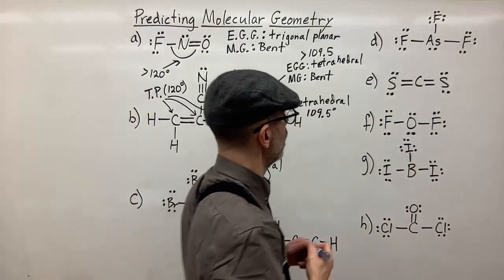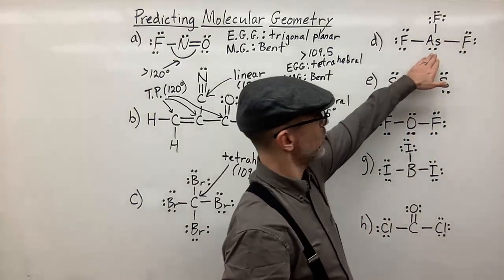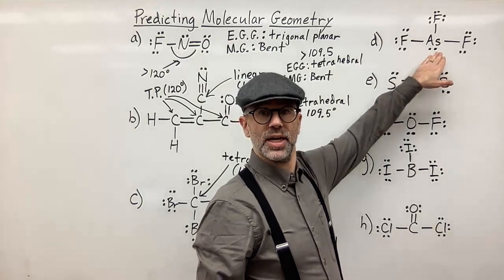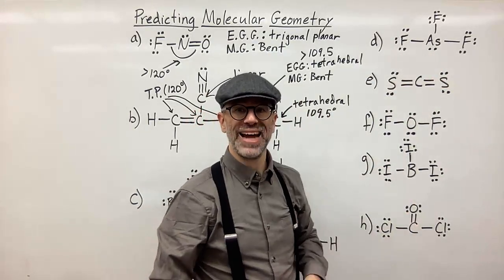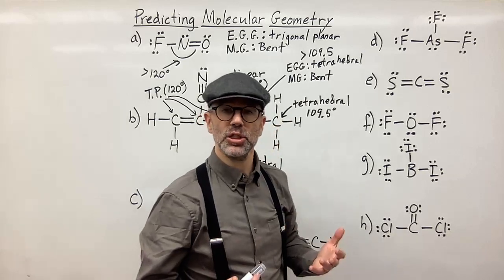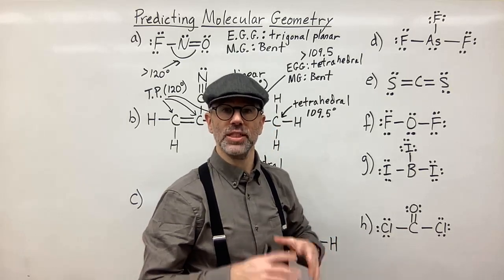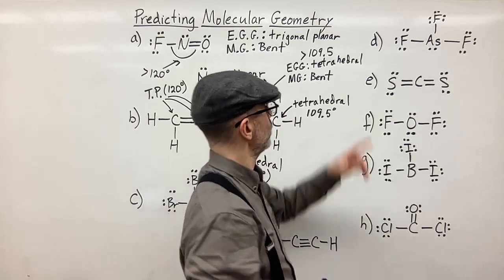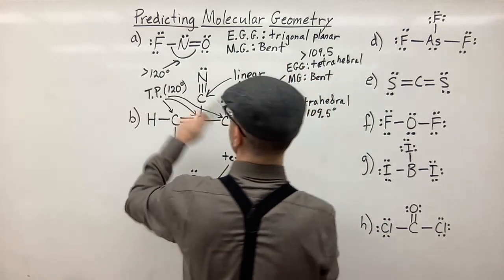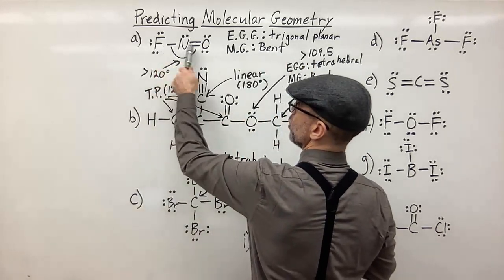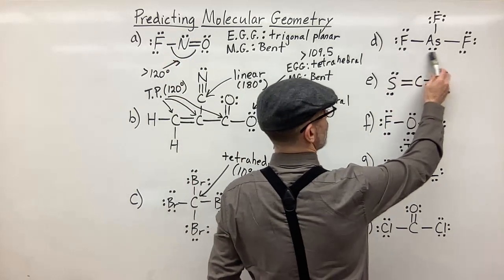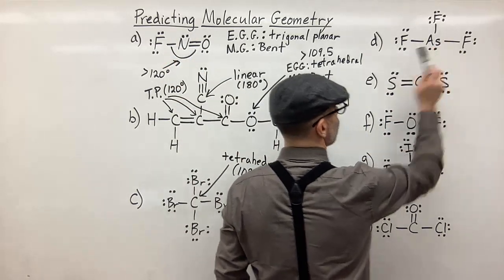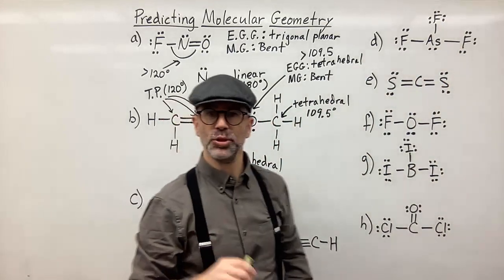I'm glad I caught that. So the reason I caught that is because As is in the same group as nitrogen, and so you would expect the same Lewis dot structure for that. So here you can see nitrogen has 3 bonds and 1 lone pair. So you would expect arsenic to have 3 bonds and 1 lone pair. So just double checking that.